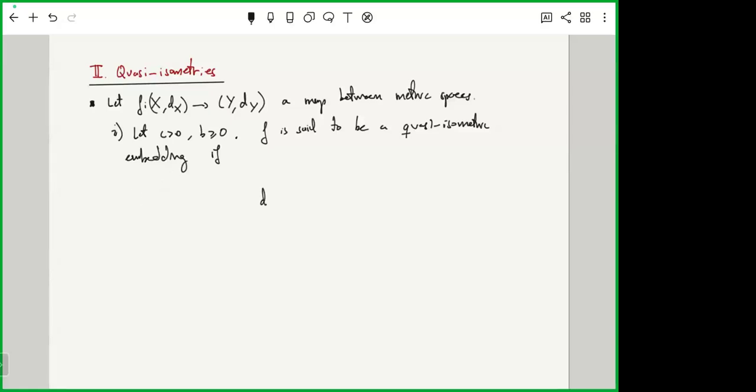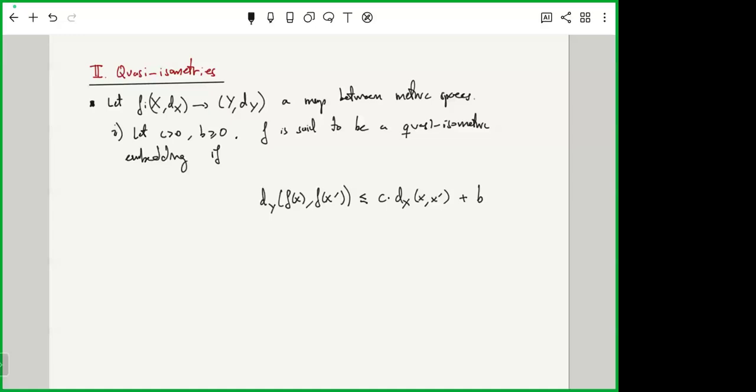I need to control the distance between images of points. So I want to have control over this distance here. I don't want the images to be too far away if the points are close. So that I will control here: C times the distance between the points plus some constant.